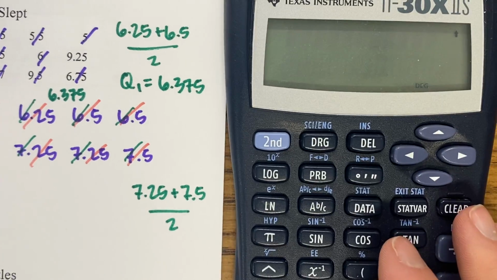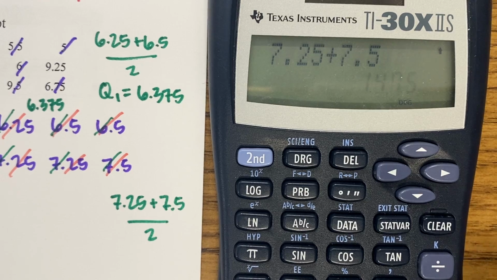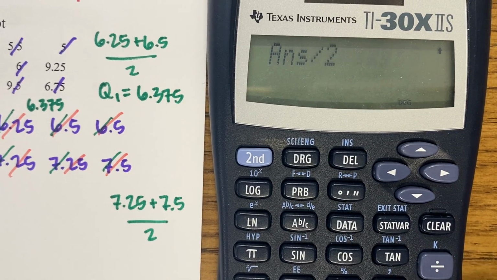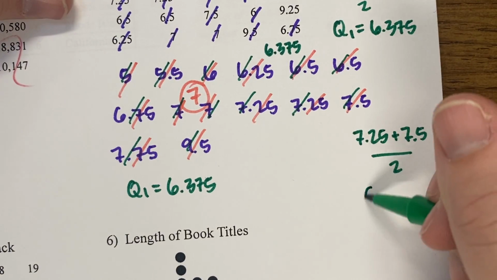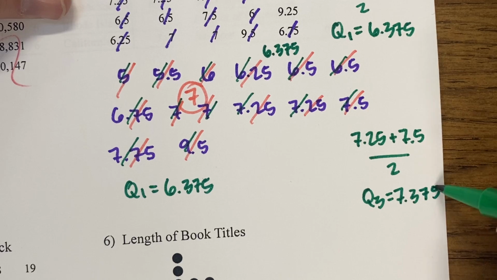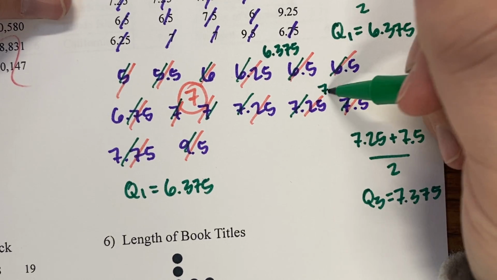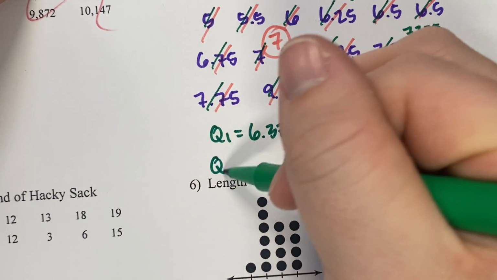Let's go ahead and do that. I get 7.375 for my upper quartile, because that would be right in between these guys. So that is our upper quartile.